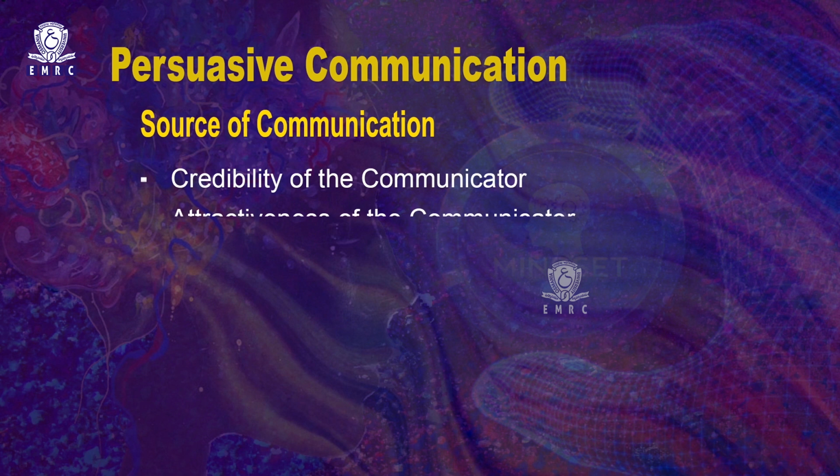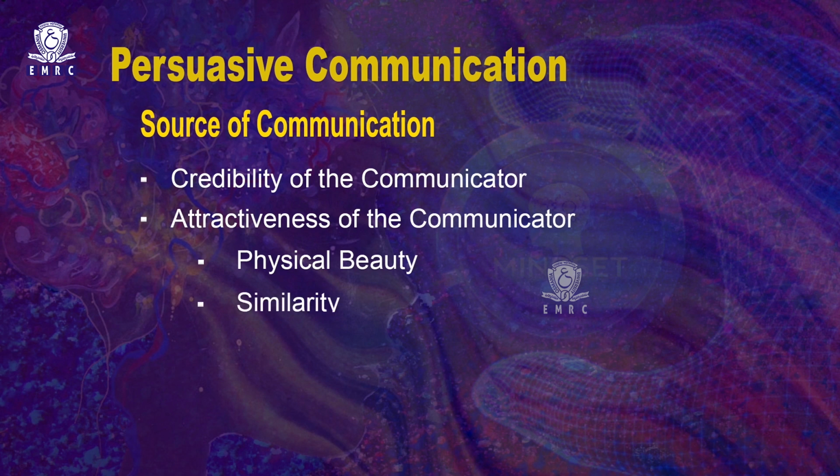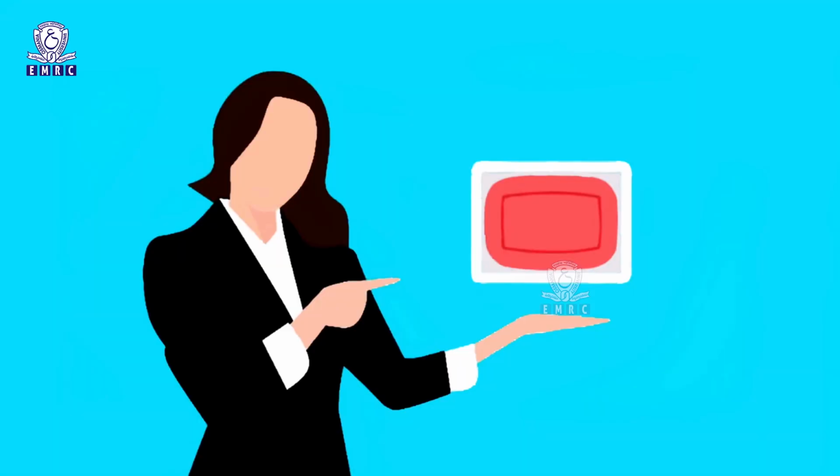So, this brings us to the second aspect, that is attractiveness of the communicator. Again, this has two components. One is beauty and the second is similarity. Attractiveness doesn't just depend upon beauty. For example, when a film star advertises a beauty soap, some people may be attracted by it.